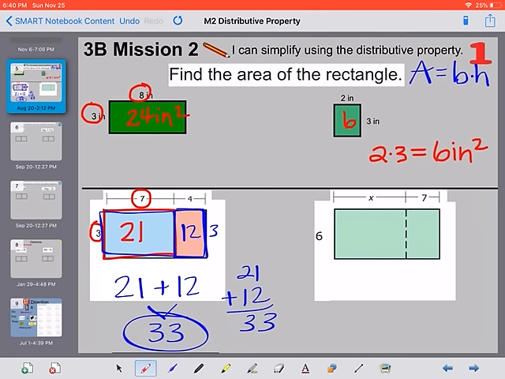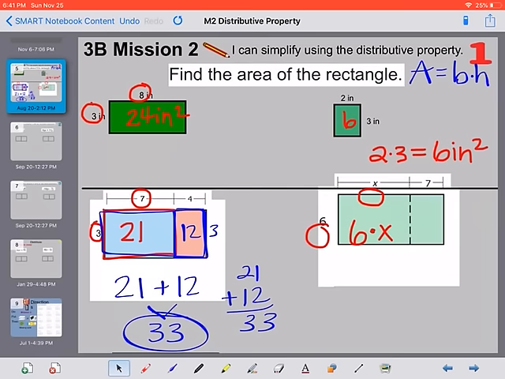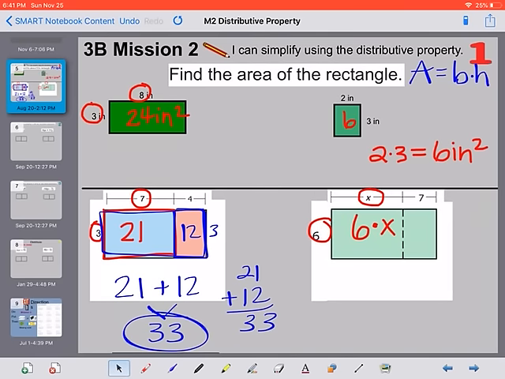We can apply the same property even if we don't know a side. We're multiplying this 6 by x and by 7. So first, 6 multiplied by x, we don't know what x is, so it's just 6 multiplied by x. Oftentimes, instead of putting the dot in between, we write it as 6x, because we know if two things are next to each other, it means multiply.